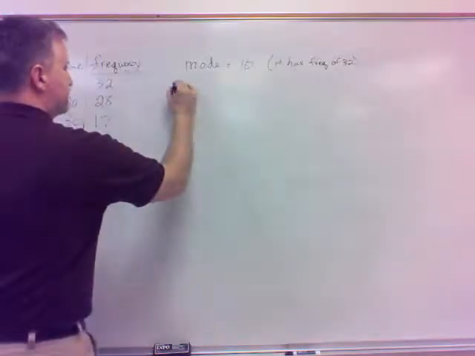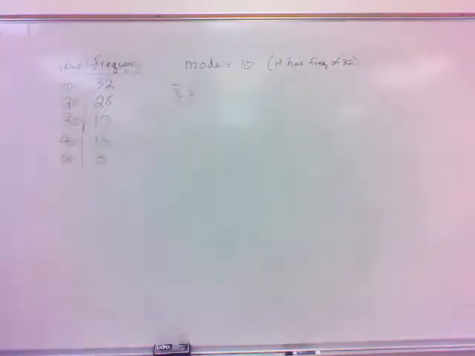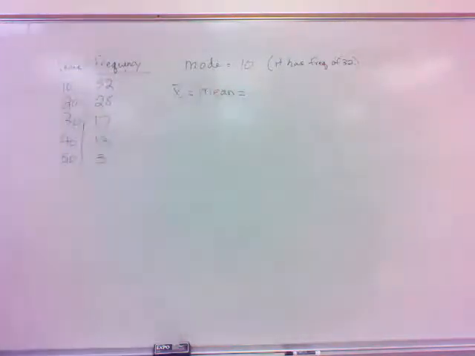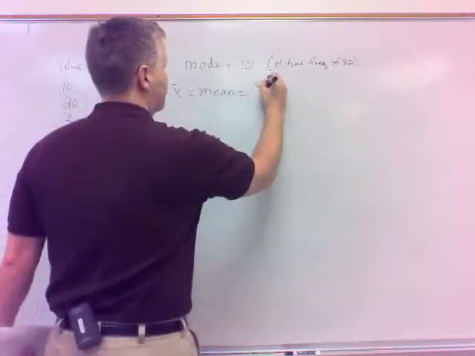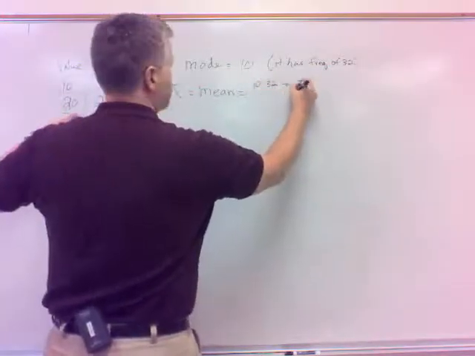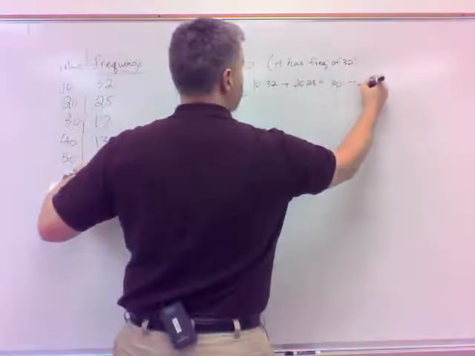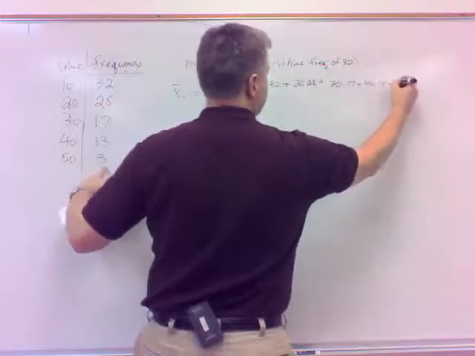What is the X bar? What do I mean by X bar? That's the mean. What's the mean here? Well, to find the mean, we need to add up all the values and divide by the total number of values. How do we get the total of all the values here? Well, in this case, for a frequency distribution, you multiply each value by its frequency: 10 times 32, 20 times 28, 30 times 17, 40 times 13, and 50 times 3.